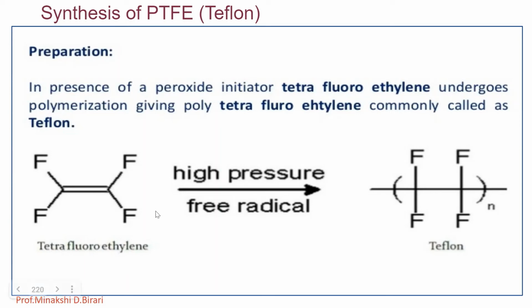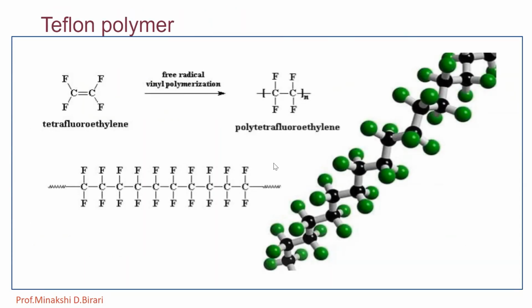So, the monomer units join to each other under high pressure by free radical polymerization mechanism in the presence of redox initiators to form Teflon, that is polytetrafluoroethylene. Polymerization of tetrafluoroethylene gives polytetrafluoroethylene, the polymer of TFE, which is also known as Teflon. It is the structure of polytetrafluoroethylene.